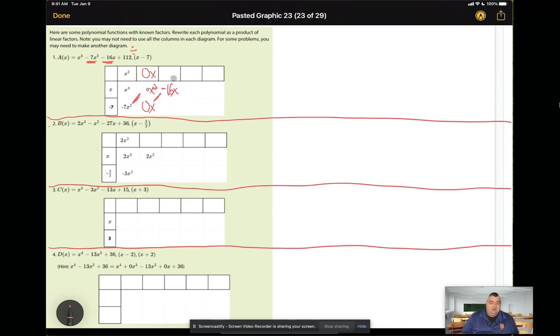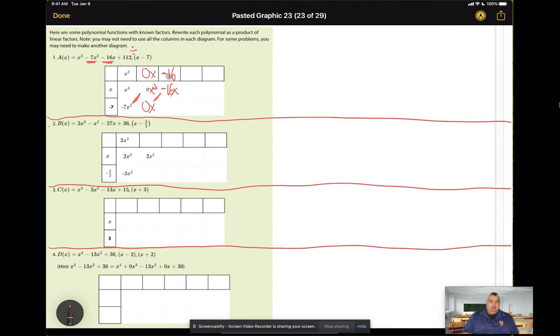And now I'm going to do the same thing again. So now to do the third column, I need to figure out what x times what is negative 16x. And that's going to be negative 16, right? Is x times negative 16 equal to negative 16x? Yes, of course it is. So now I can finish out the column.